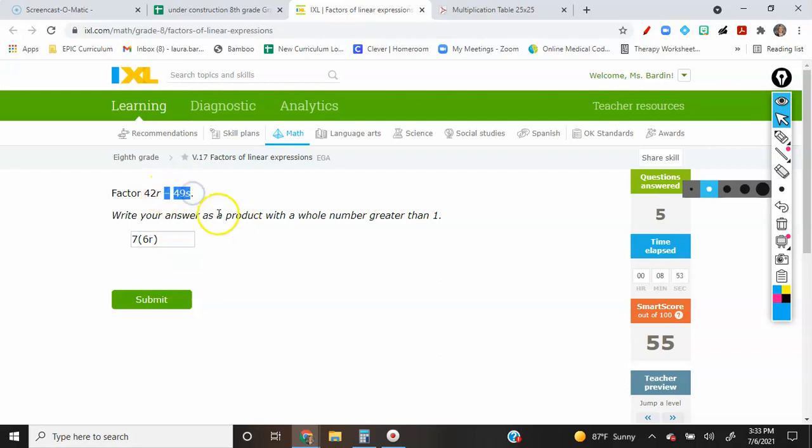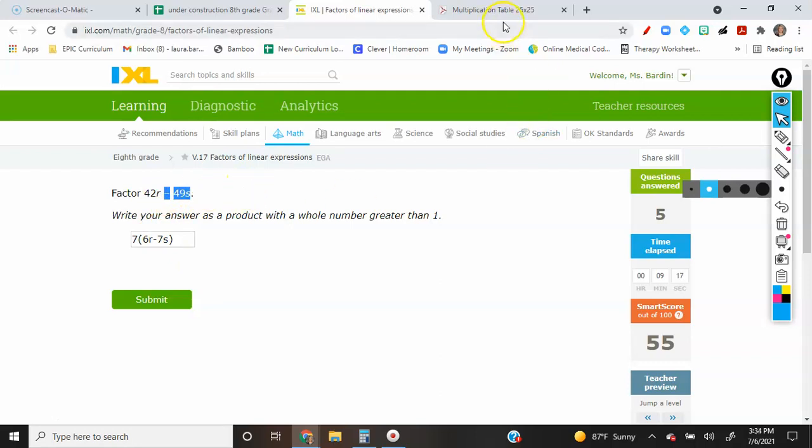If you said negative 7s, you got it, because 7 times 7 equals 49, but we needed a negative 49s. So it would be 7 times negative 7s to equal negative 49s.